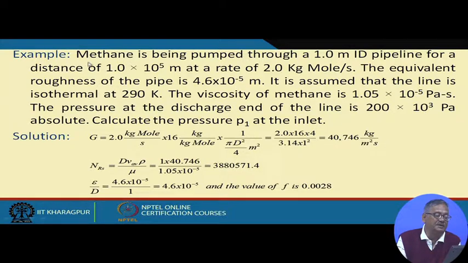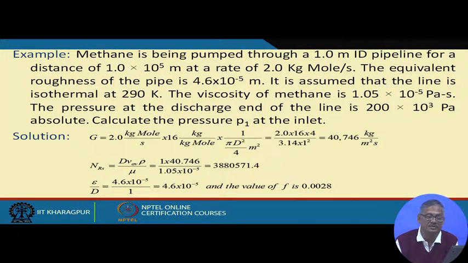Right? So I repeat, methane is being pumped through a 1 meter ID pipeline for a distance of 1 × 10^5 meter at a rate of 2 kg moles per second. The equivalent roughness of the pipe is 4.6 × 10^-5. So equivalent roughness is given here, that means epsilon is given.